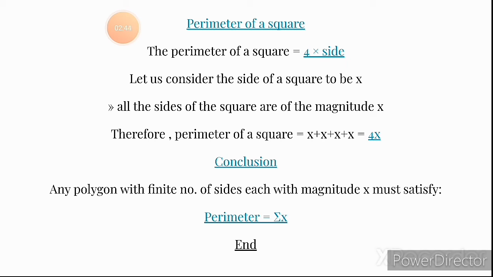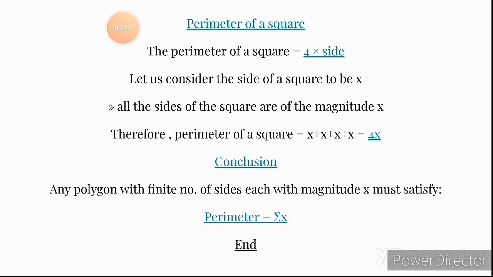So what do we conclude from this whole video? Any polygon with a finite number of sides, each with a magnitude of x, that means a polygon having a finite number of sides, each side having a value, then the polygon's perimeter is equal to the summation of all the sides, right?